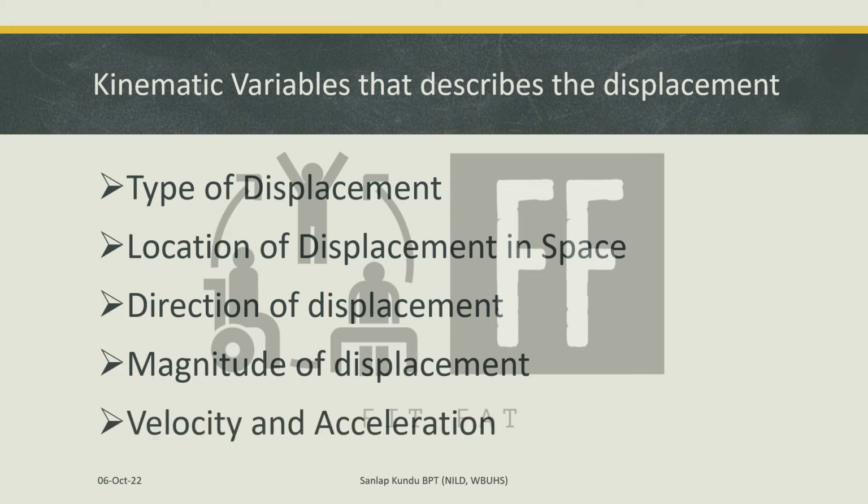And fifth is the velocity and acceleration. Velocity means displacement by time, and acceleration means rate of change of velocity, or velocity by time. Now, in this part, I will only talk about the type of displacement, and in the next videos, we will talk about the other variables one by one.